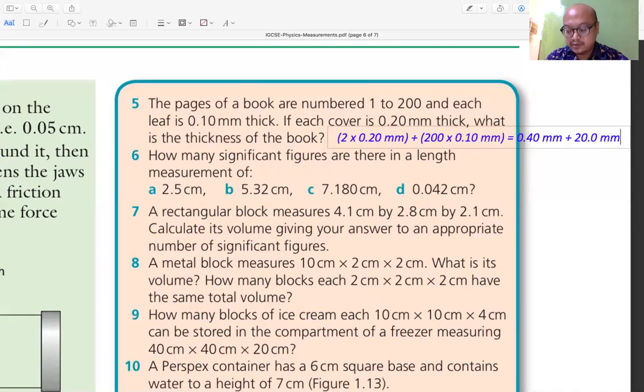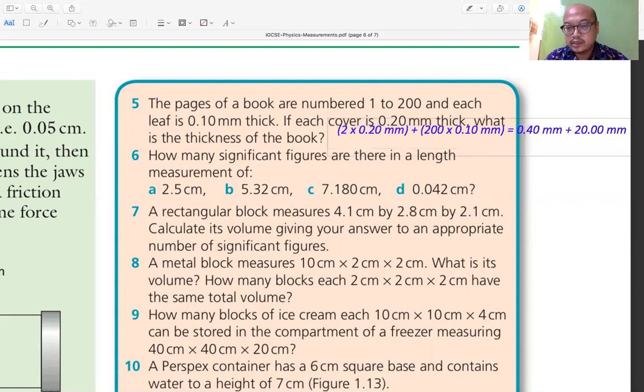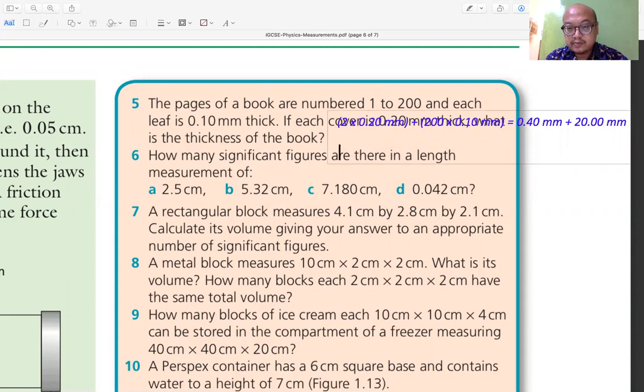So the thickness of this book is... wait, wait.